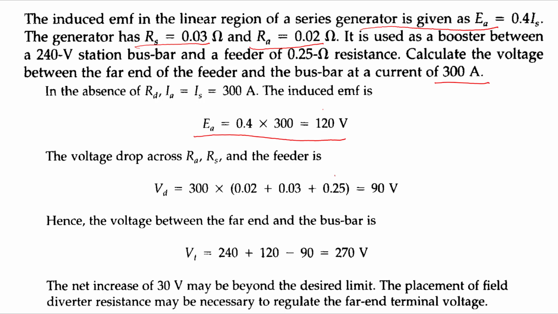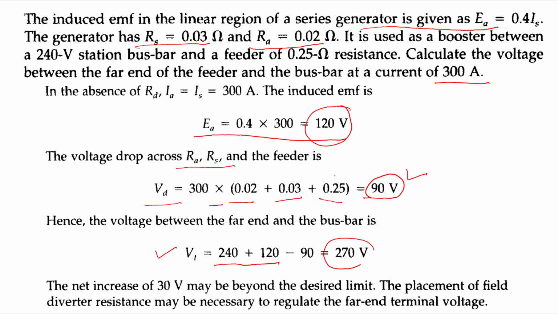Now the voltage drop across the resistances is 300 ampere into 0.02 plus 0.03 plus 0.25, so this 90 volt drop is happening throughout the feeder and the resistances in the generator, right? Now the voltage between the far end and the bus bar will be 240 plus 120, where 120 is the EA and 240 was the substation voltage, minus 90 as the voltage drop. So this is the voltage across the terminal.